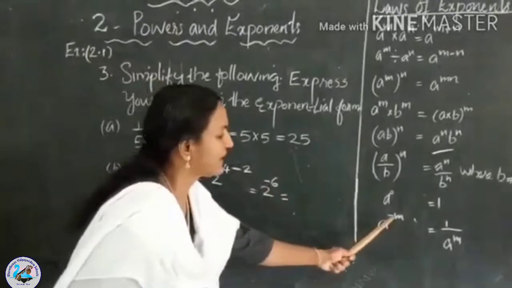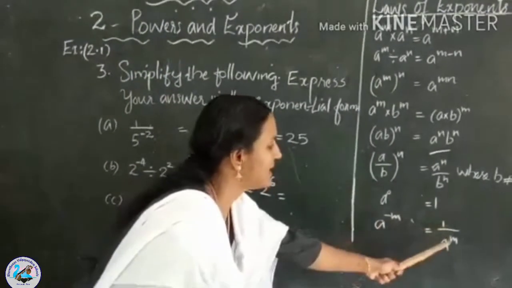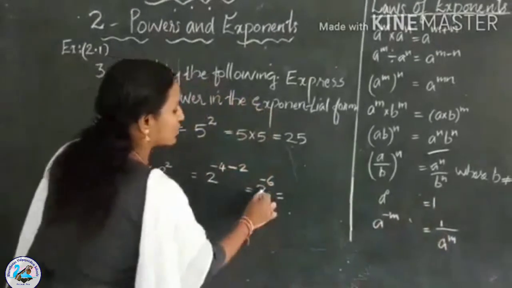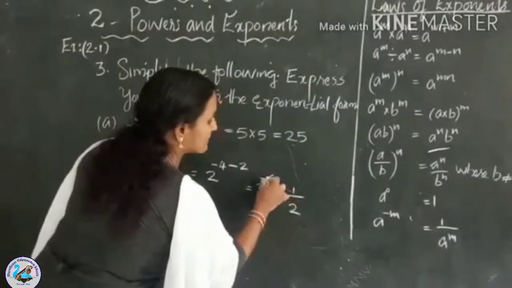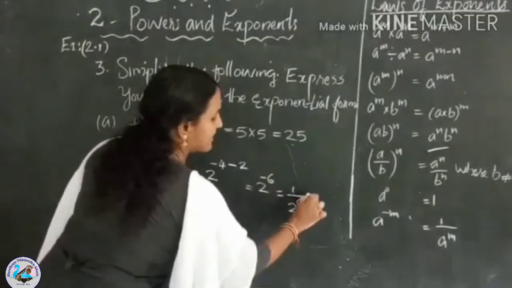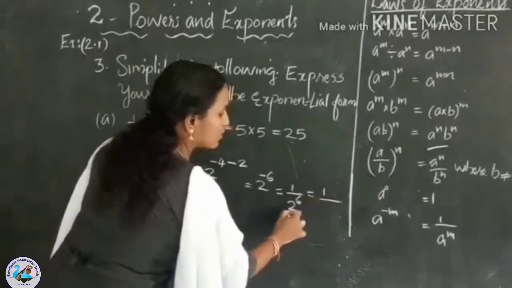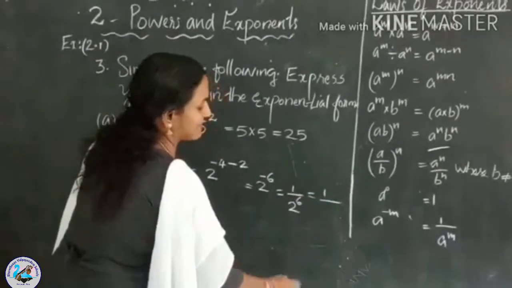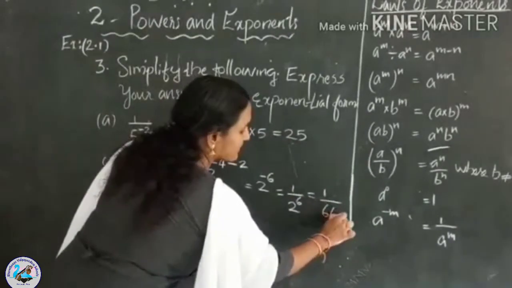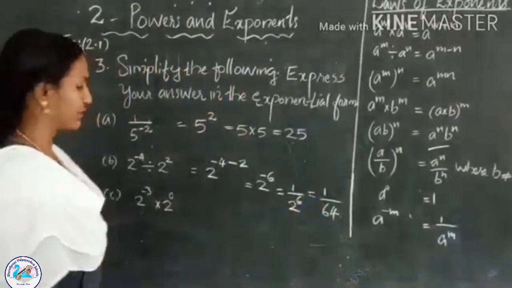A power minus m is equal to 1 by a power m. So 2 raised to minus 6 can be written as 1 by 2 raised to, the sign can be changed, plus 6, is equal to 1 by 2 raised to 6, 2 multiplied by 6 times. So 64, 1 by 64.